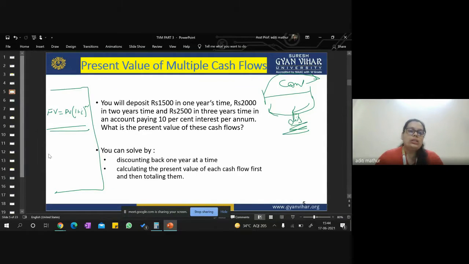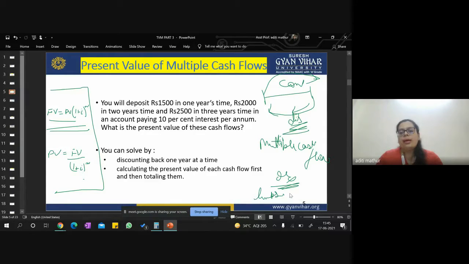And for present value calculation, we are doing discounting. Our formula is future value divided by 1 plus i to the power of n. This is used even if you have multiple cash flows, a lump sum amount, or a single cash flow.